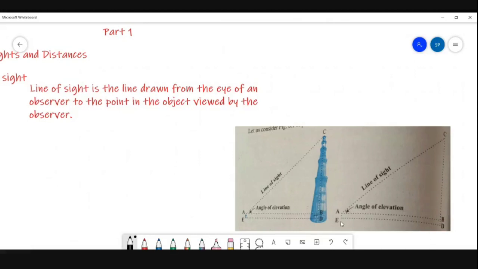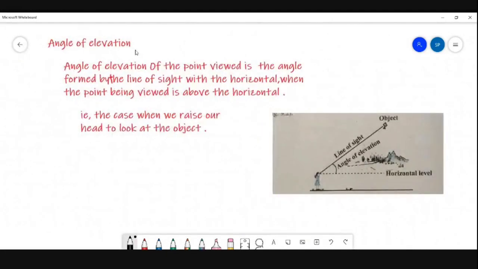If a person is standing here and watching the top of the tower, AC is the line of sight, AB is the horizontal, and ED is the ground level. And this is the angle of elevation, that is the angle between the line of sight and the horizontal. Angle of elevation.